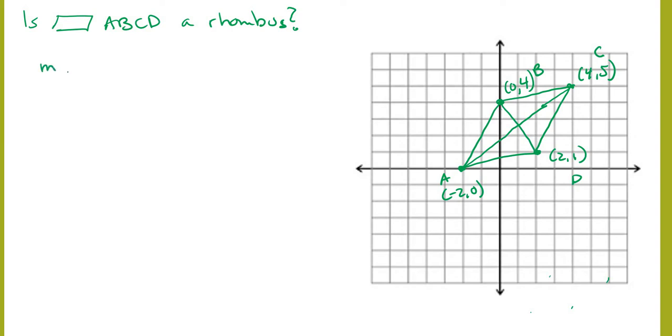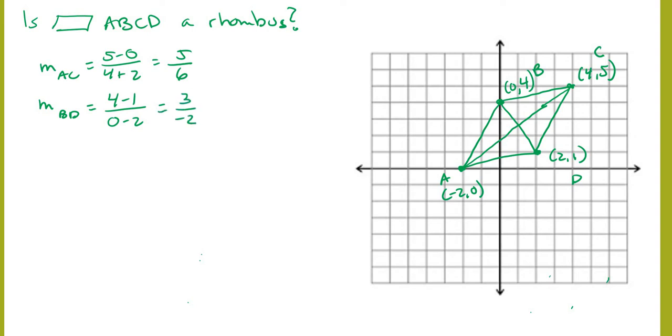I'm going to find the slope of AC, which is 5 minus 0 over 4 minus a -2, or 5/6. Then I'm going to take the slope of BD, and that's going to be y minus y again, 4 minus 1 over 0 minus 2, which is 3 over -2.